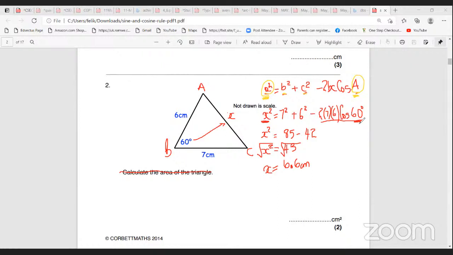So tell me, what did the 85 disappear to? I looked in the book to try to figure it out, so I never saw what happened. 85 minus 42. Right. Okay.